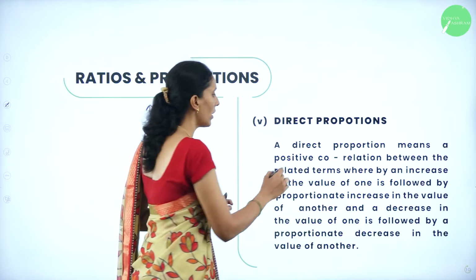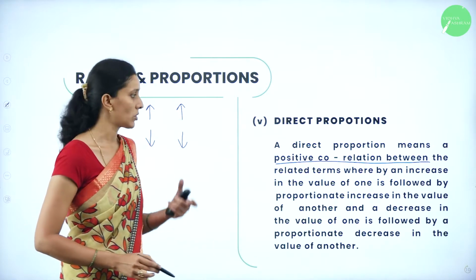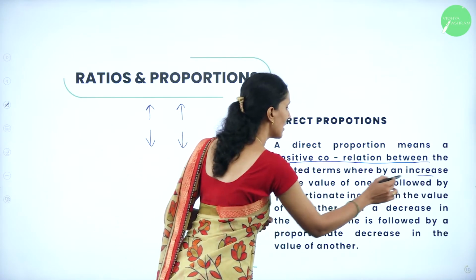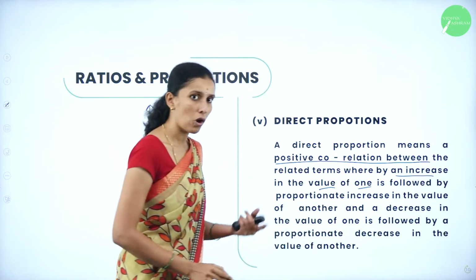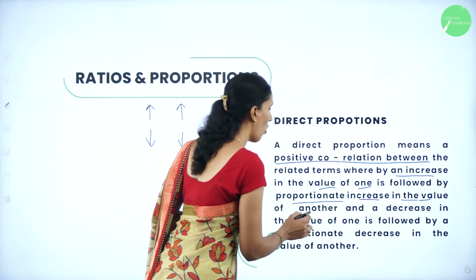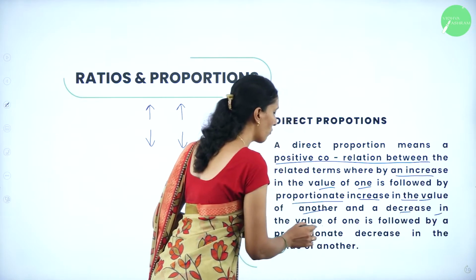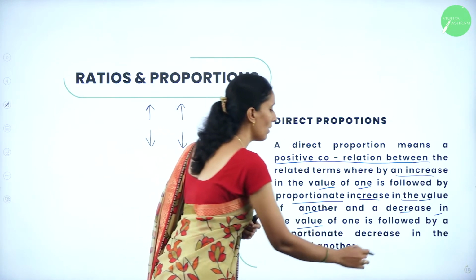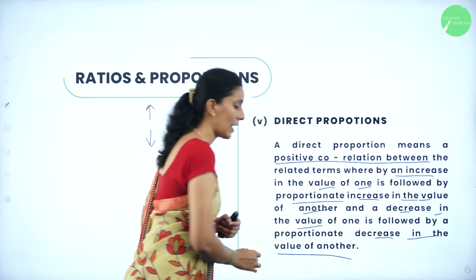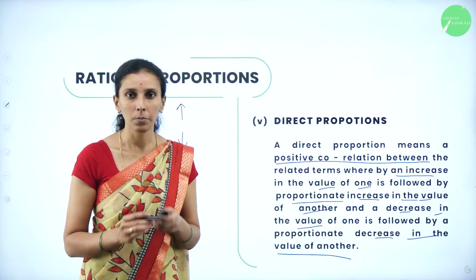That means it is a positive correlation between the related terms. When there is an increase in the value of one, followed by a proportionate increase in the value of another, and similarly, if there is a decrease in the value of one, then there will be a decrease in the value of another. These types of proportions are called direct proportion.